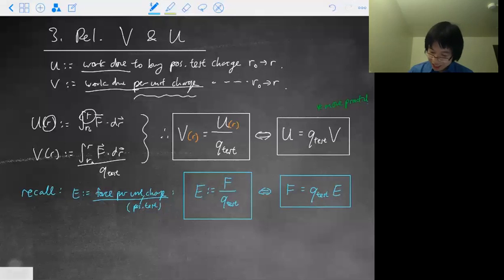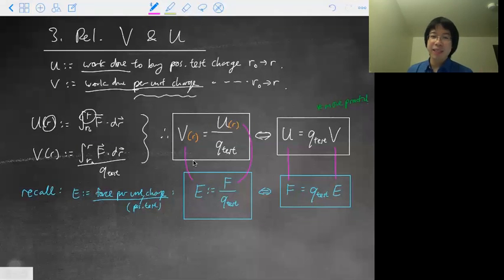It looks like energy plays the same role as force does in this equation, and the field plays the same role as V does. So there is a very clear relationship in some sense. So V, this very abstract thing, is energy per charge.